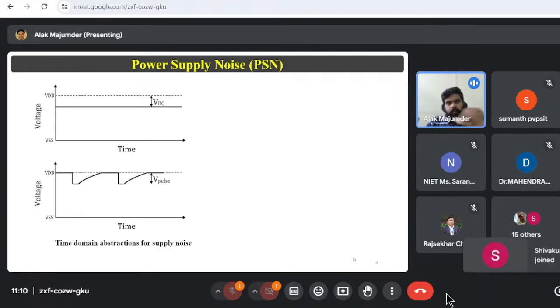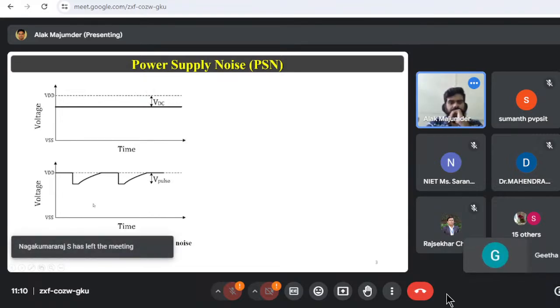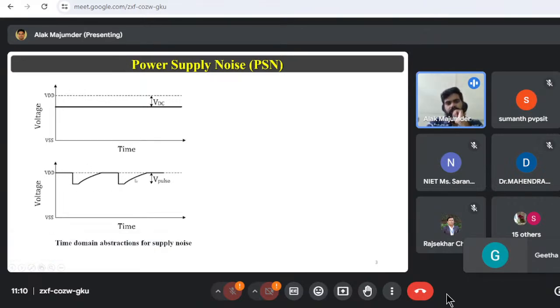Now let's talk about this particular picture. You see, I discussed the DC line, or DC source. Ideally, we study like this. Think of another signal which is coming in this particular way. It is changing abruptly. Now, if you see the bottom curve, the average value will be almost close to the top one. Why?